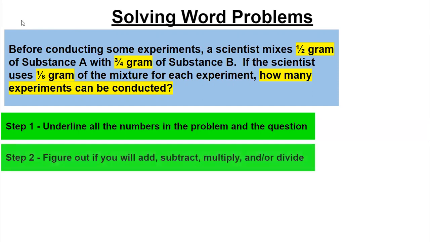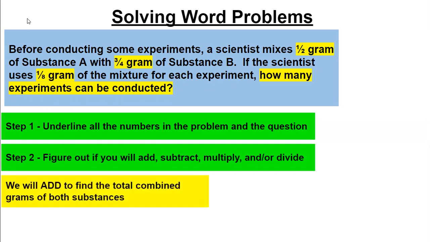Then we have to figure out, are we going to add, subtract, multiply, and or divide? Well, if you mix two things together, that suggests to me that you want to get a total. So we're going to add to combine the two substances, right? And then what are we going to do? He uses 1/8 gram of the mixture for each experiment.